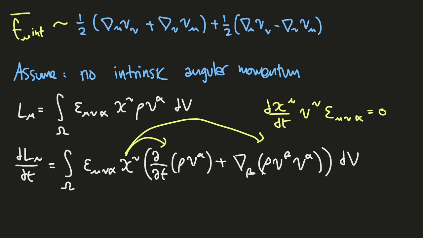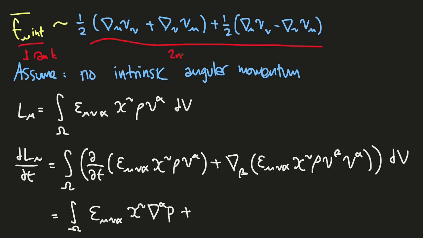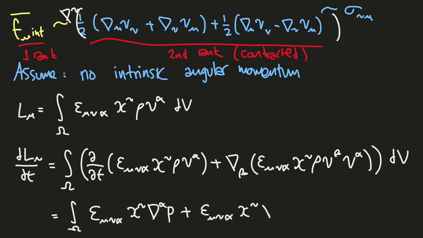So we can rewrite the integral as this, where for the dynamic part we have the Levi-Civita symbol, then x, then the gradient of hydrostatic pressure plus F bar internal. This is a first-rank tensor, so the proportionality relates to a second-rank tensor and needs to be contracted. By contraction with, let's say, the covariant derivative here, and defining what is inside the covariant derivative as sigma mu nu, we get that the second term of the dynamic integral is this. In the next section, we will focus on the second term.